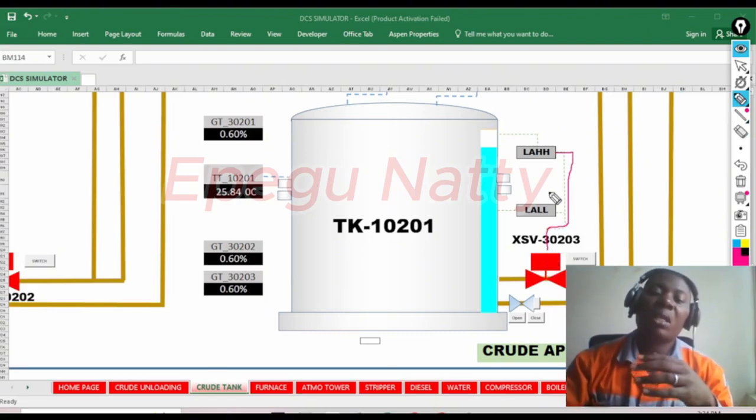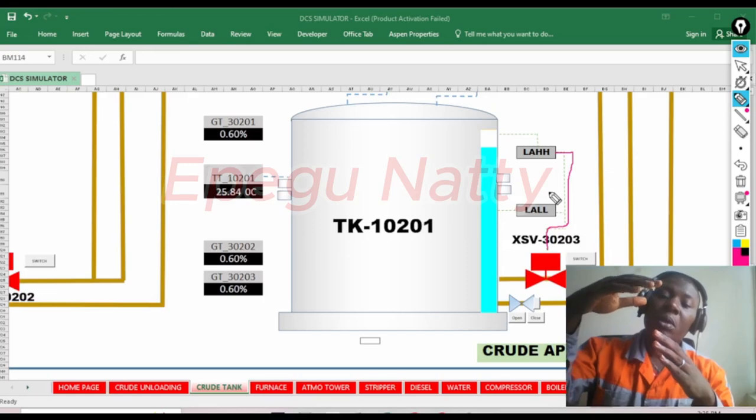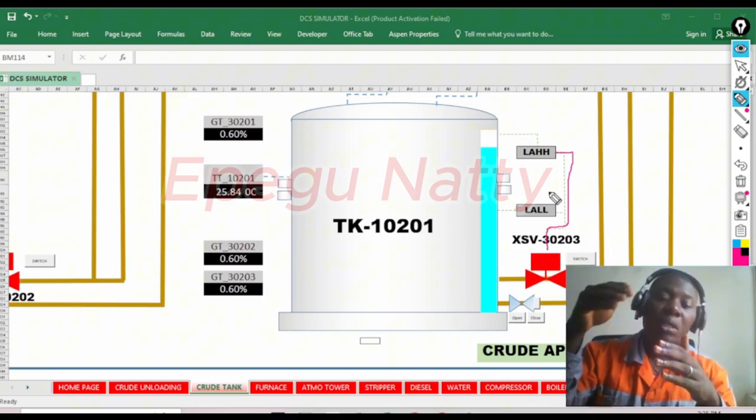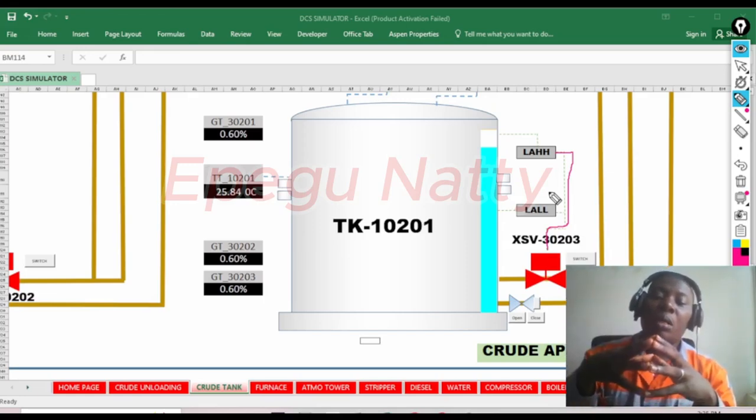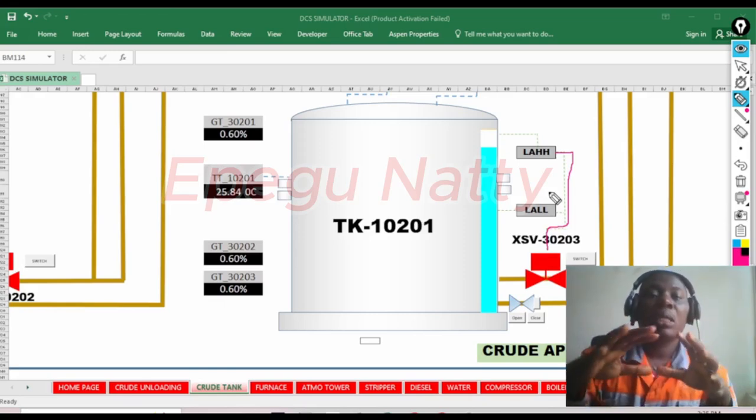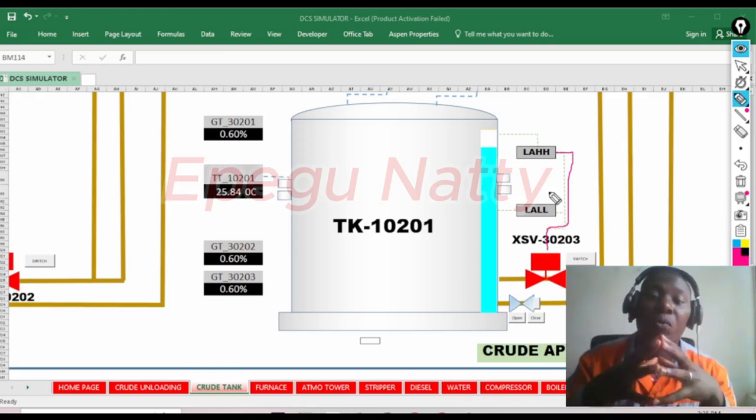Okay, now this means that after this level, a command will be given to the shutdown valve for it to close. Now that is when the SIS has taken over.